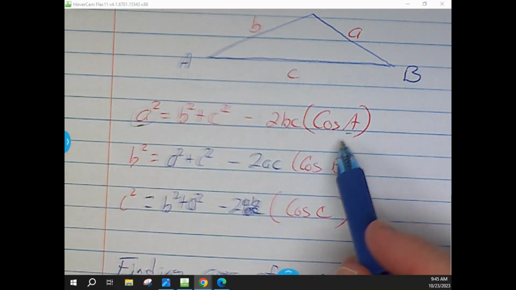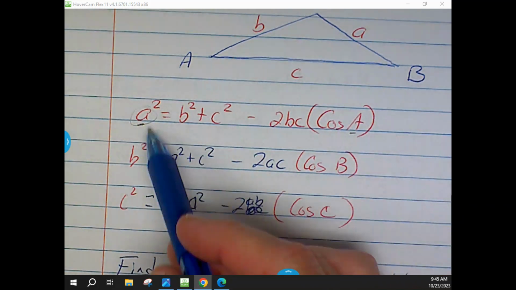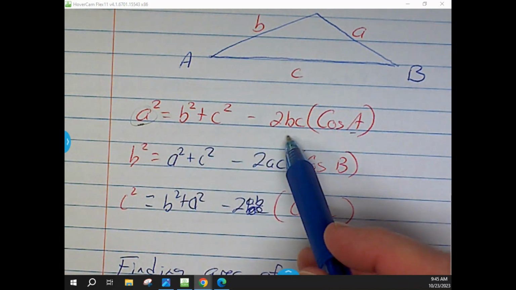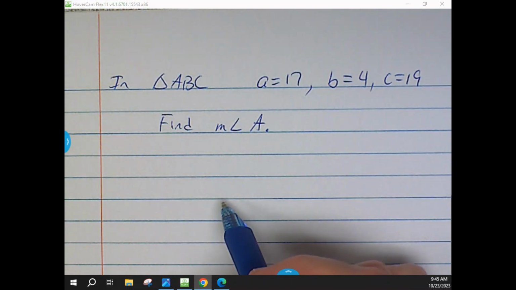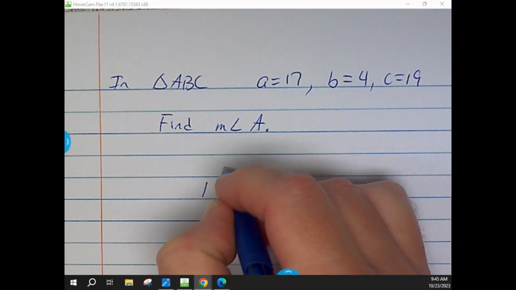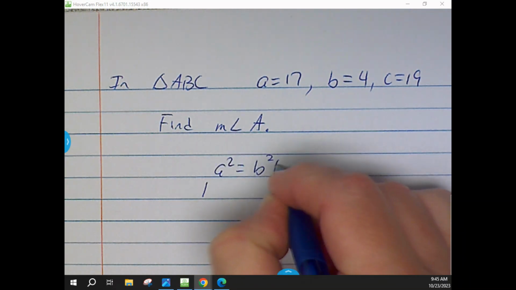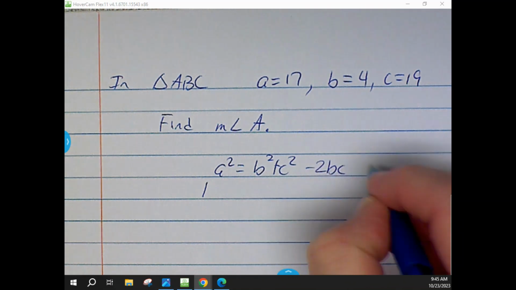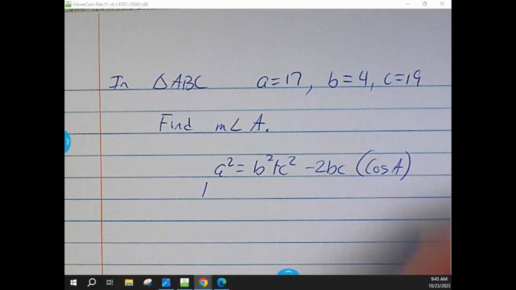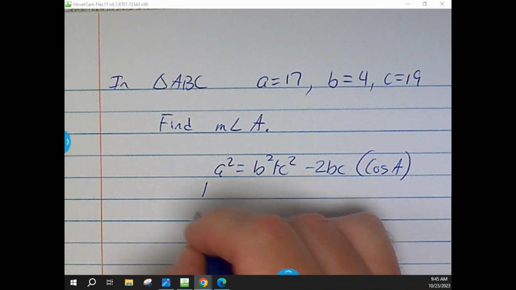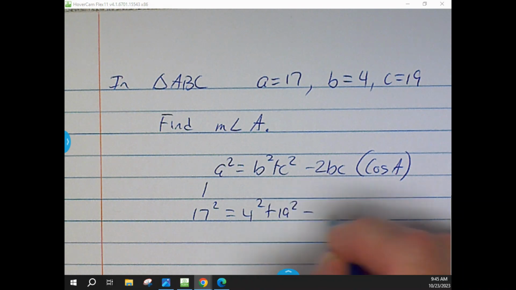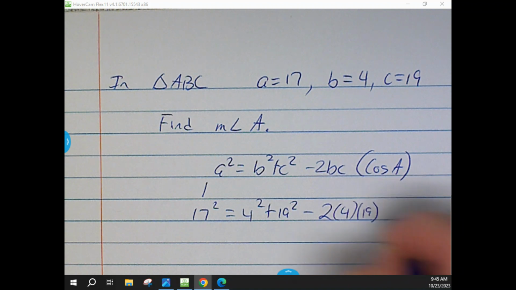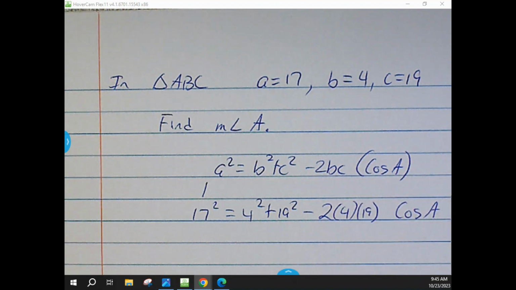In this case, we're going to use A squared equals B squared plus C squared minus 2BC times cosine A. Let's write that down first: A squared equals B squared plus C squared minus 2BC cosine A. So that's 17 squared equals 4 squared plus 19 squared minus 2 times 4 times 19 cosine A.